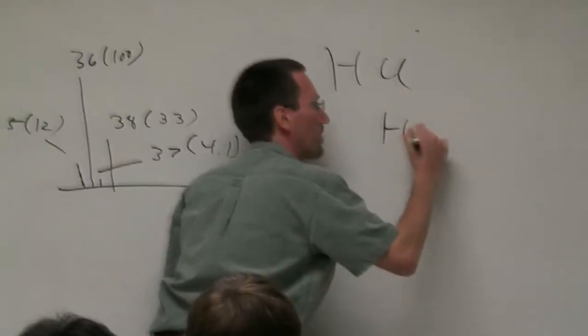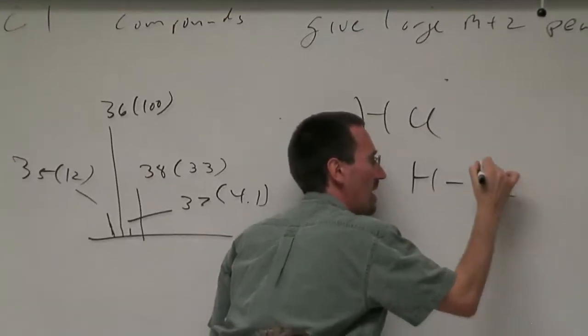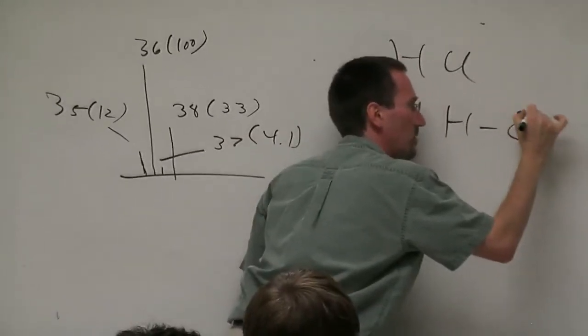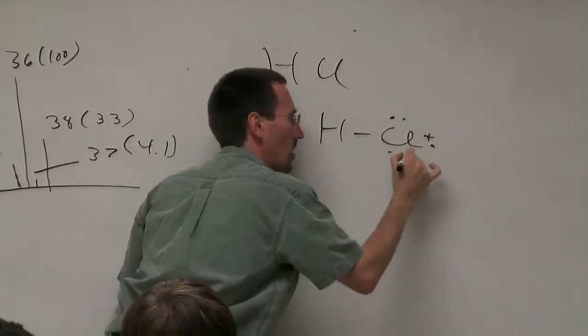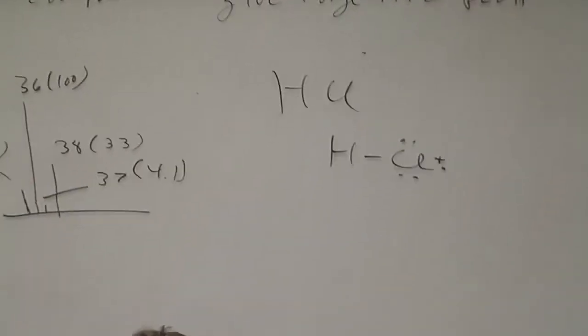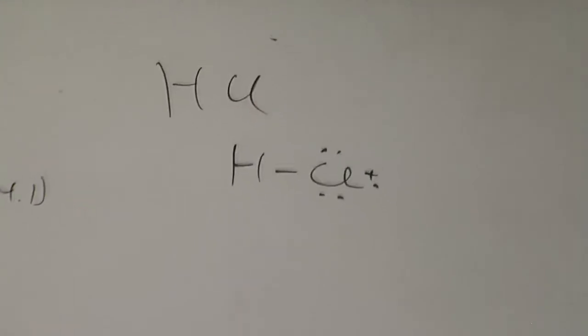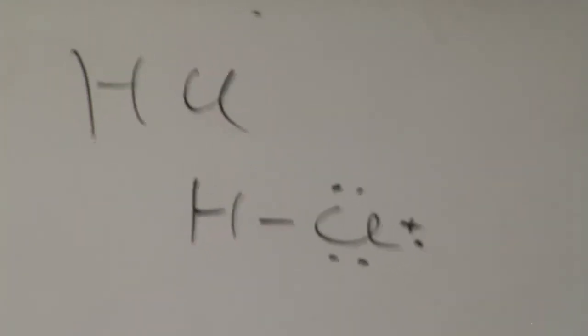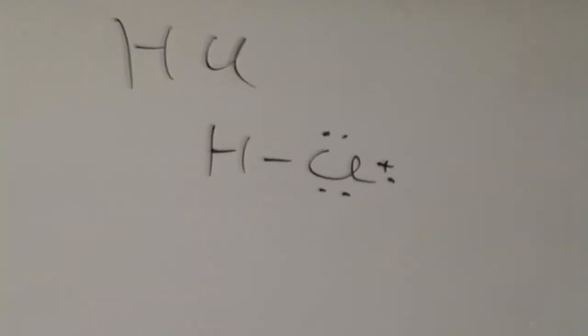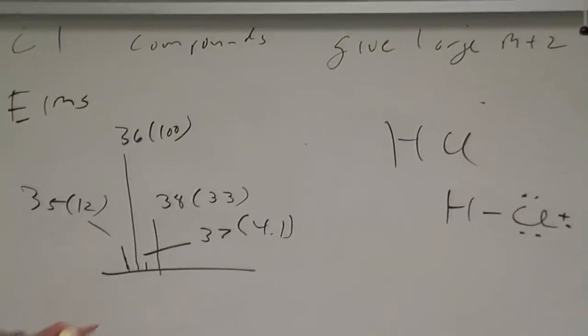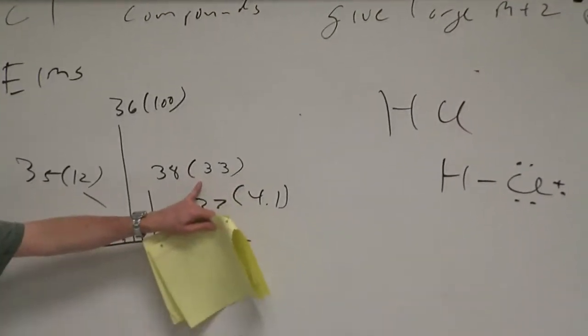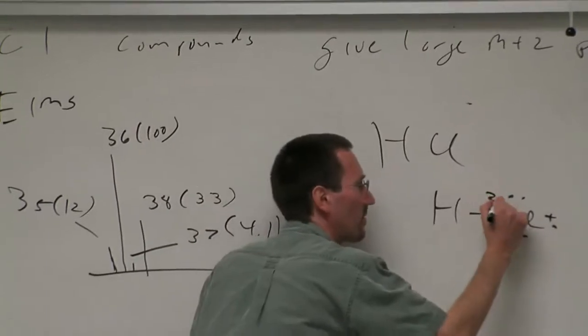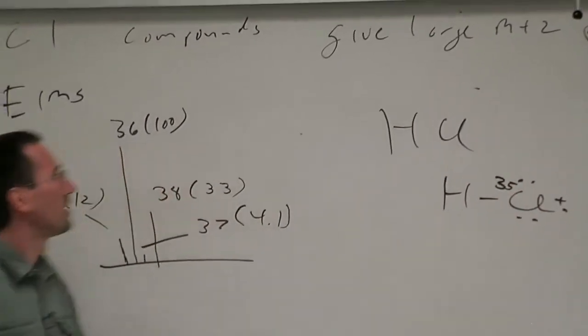HCl with chlorine 35. And if you remember, I said that in the EI mass spec, the way you generate a molecular ion is to kick out an electron. We'll talk more about fragmentation. Okay, what about this peak here?